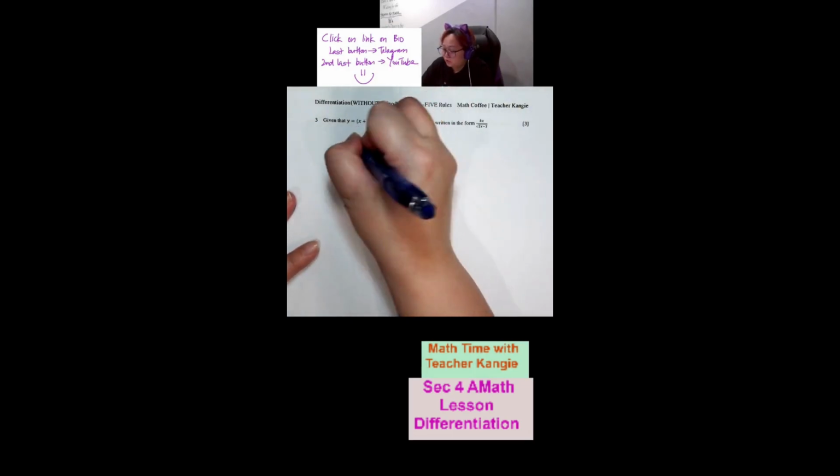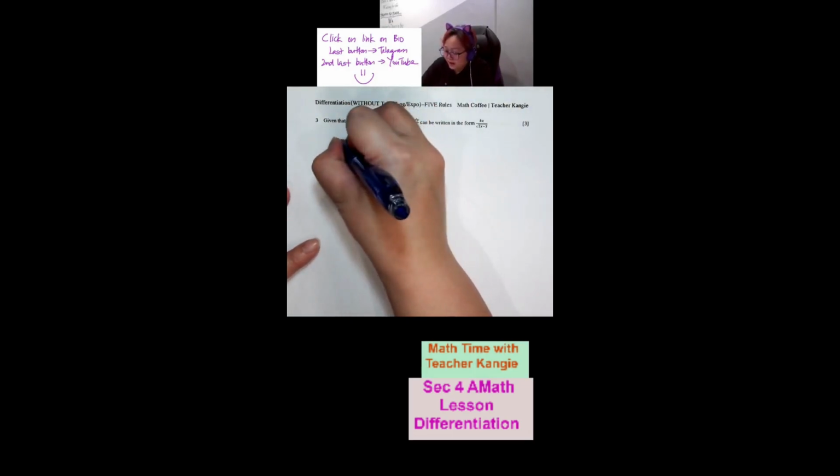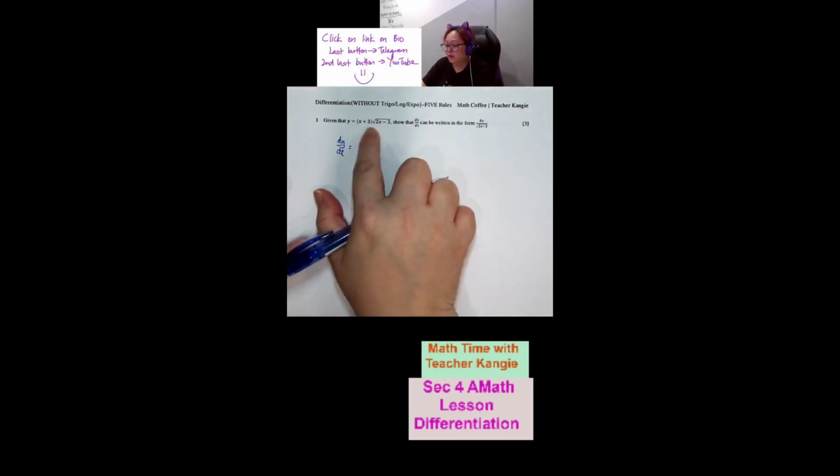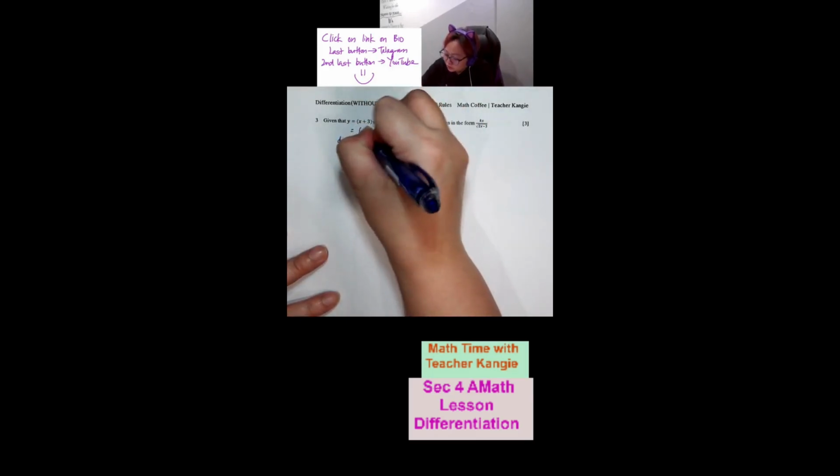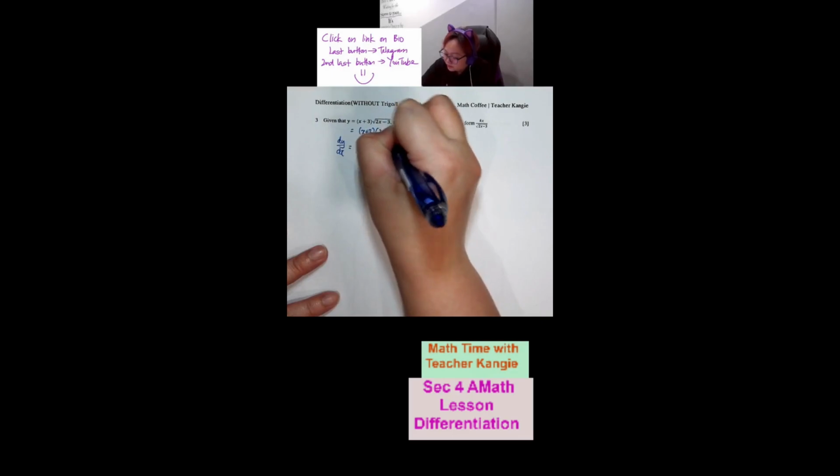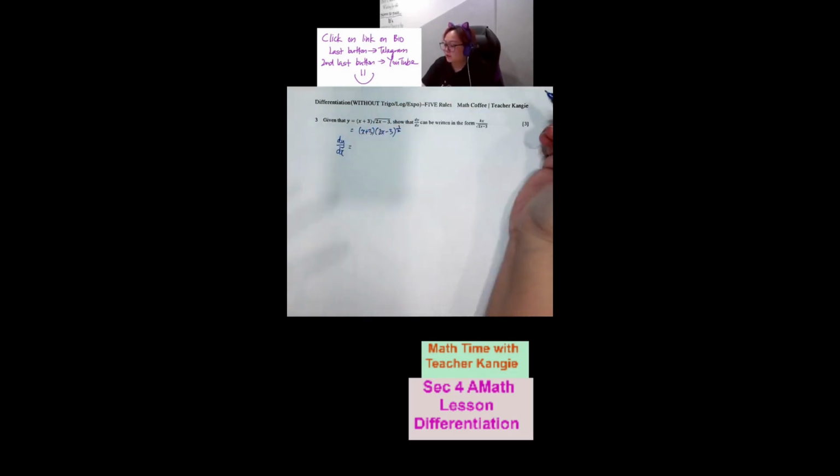Okay, so I want to differentiate my y with respect to x. So this one we want to use product rule. But before that I need to change this to x plus 3, 2x minus 3 to the power of half. Just now we did a similar question, so hopefully you will be able to do it together with me.